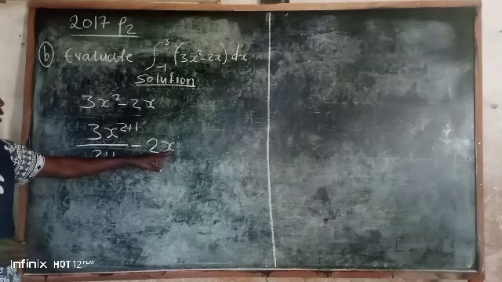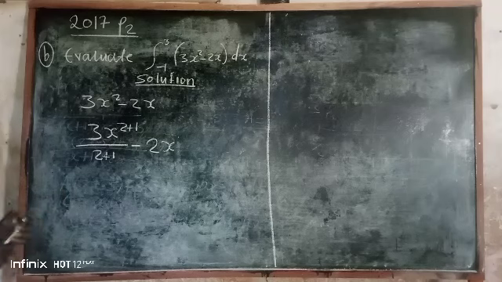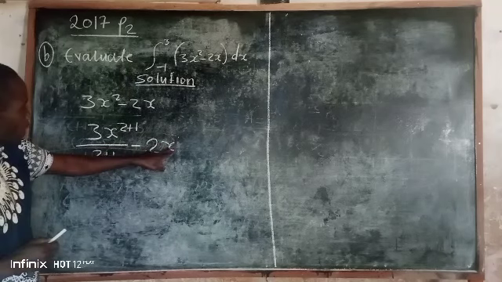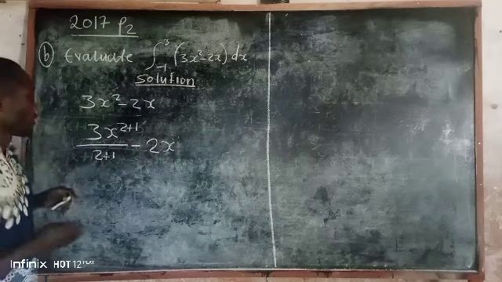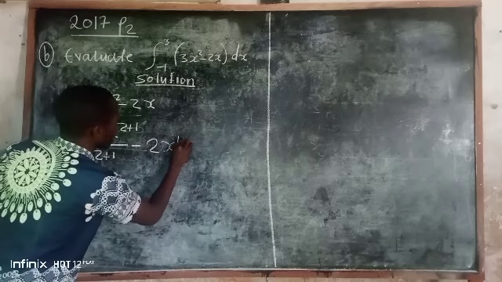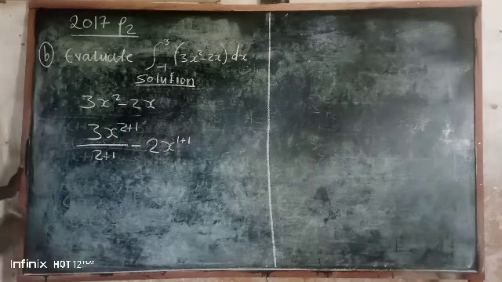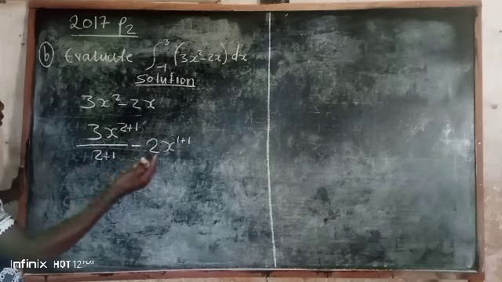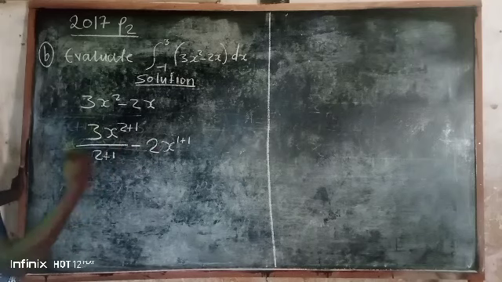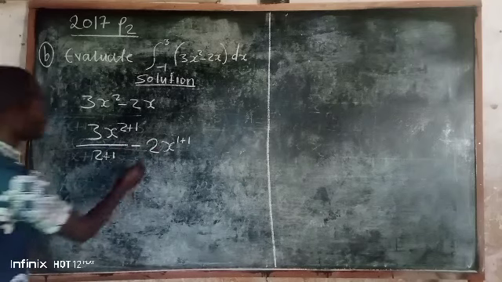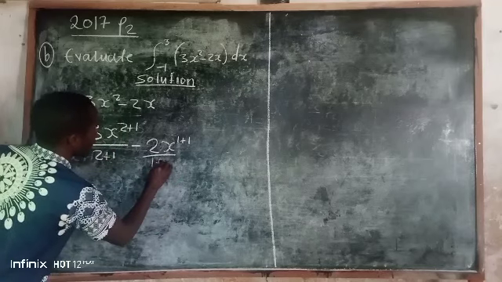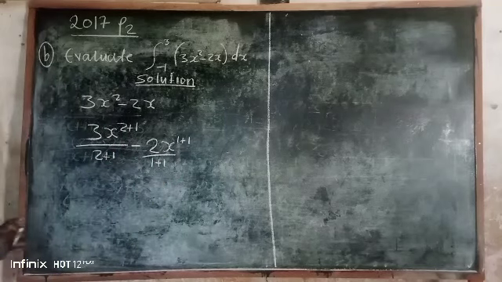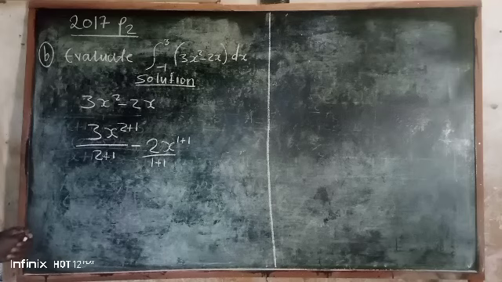So we are going to say this x is power 1, then plus 1, because when integrating, you always increase the power by 1, then divide by that new power, over 1 plus 1.